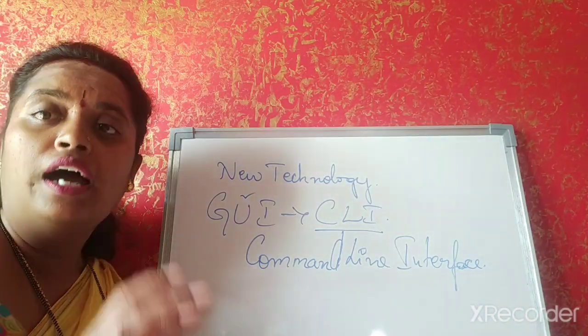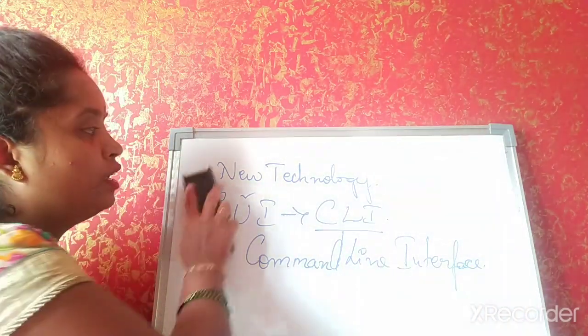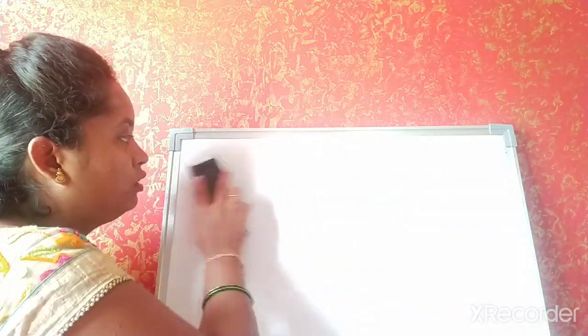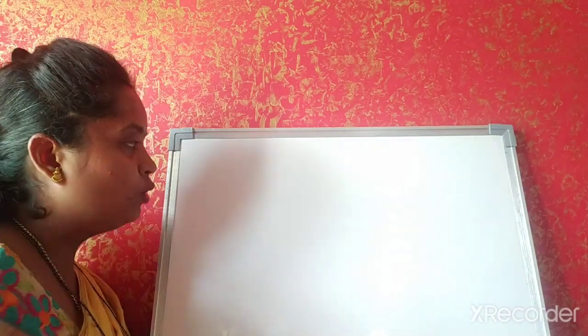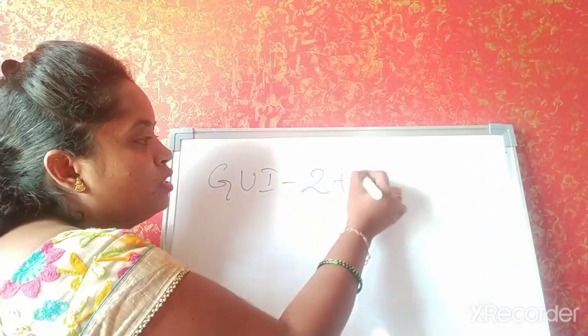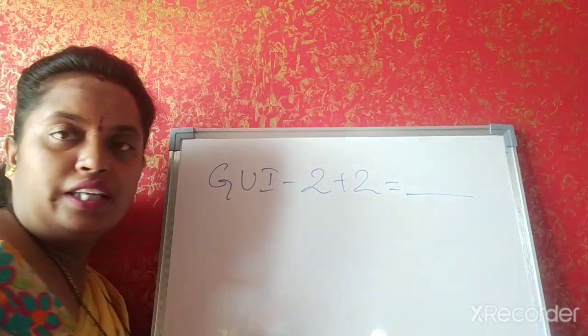For example, for adding two numbers, in GUI you can directly give 2 plus 2 equals, and you will get the output.